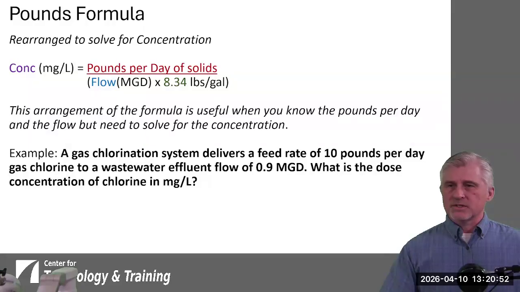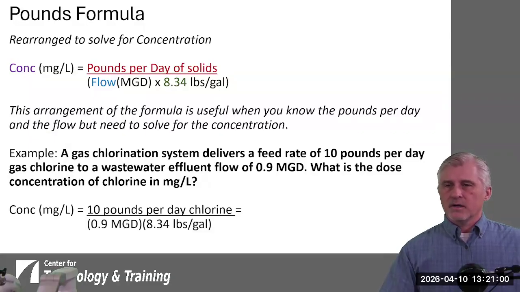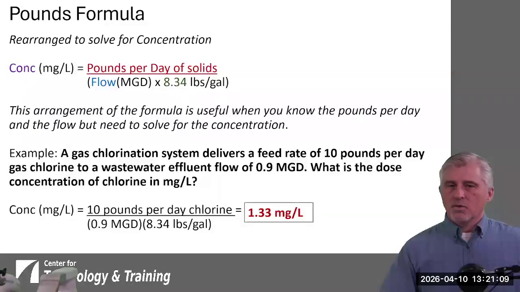So we can plug those in, and it will give us our concentration. We put the 10 pounds per day chlorine, divide that by 0.9 mgd and 8.34 pounds per gallon, and it gives us 1.33 parts per million.